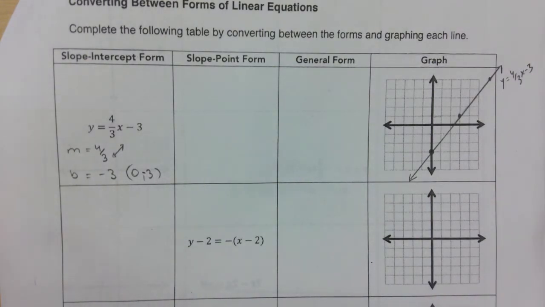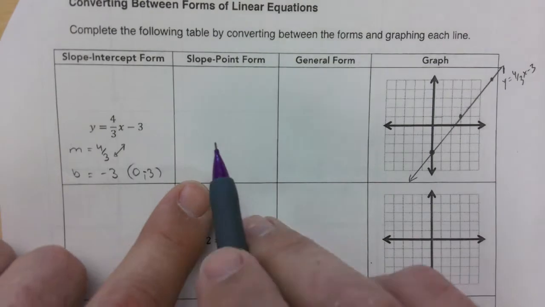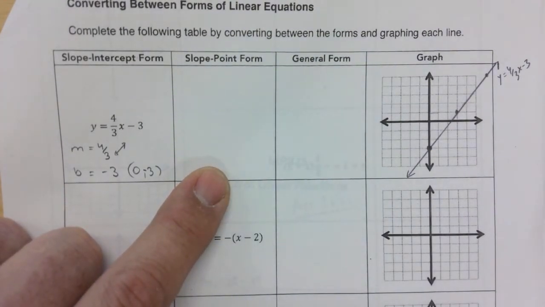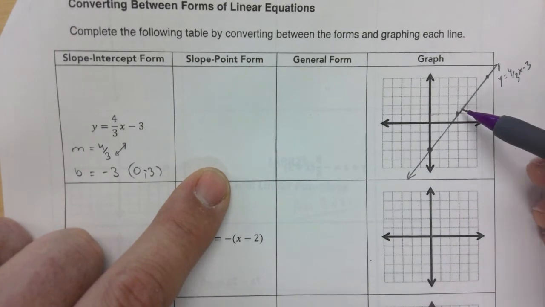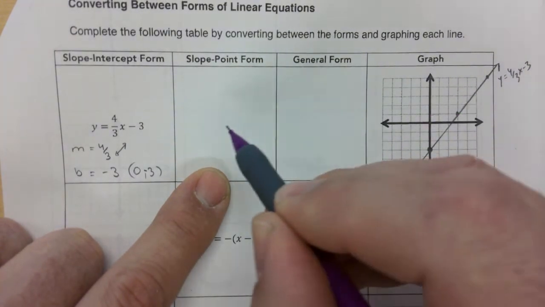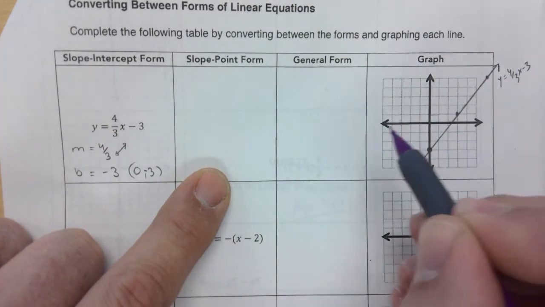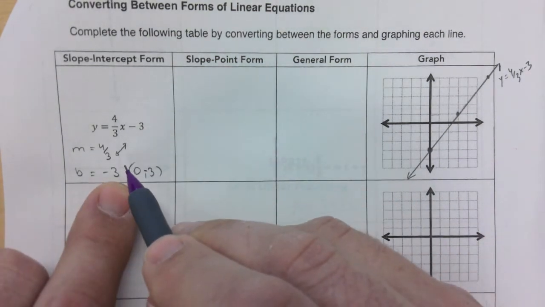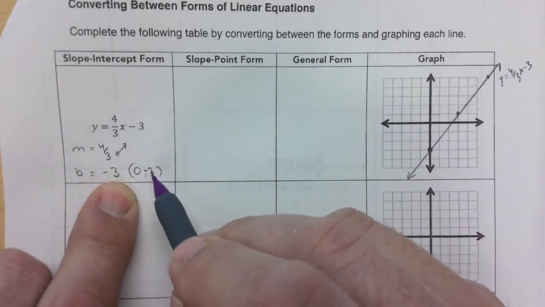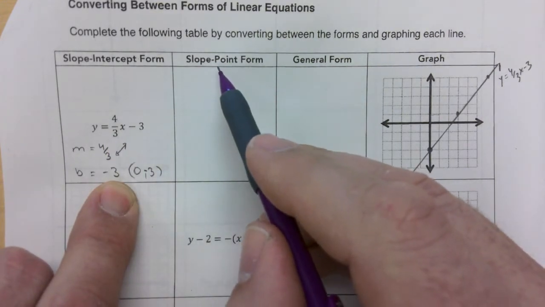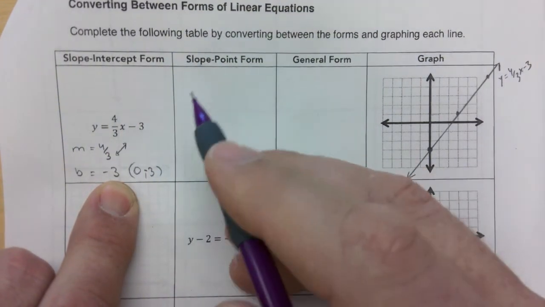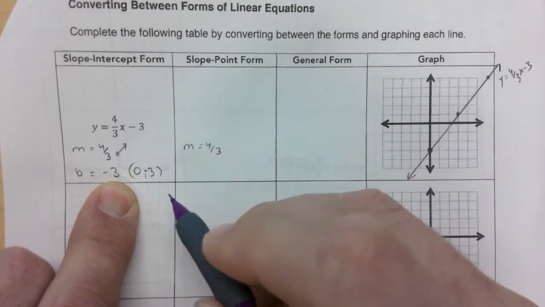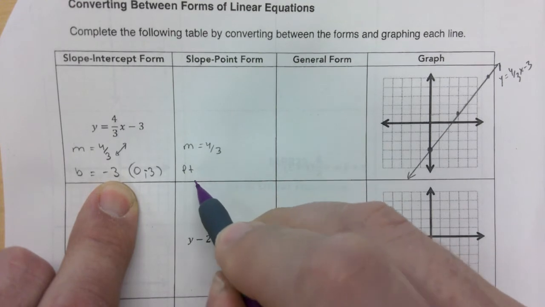So that's that. Now we're supposed to also fill out the rest. So here you choose what you want to do. Do you want to go from the graph and, based on the graph, write your equation? You can do that. You can also just rewrite this guy, right? Because technically it's asking for the slope and the point. You know that the slope is 4/3 and you want a point.